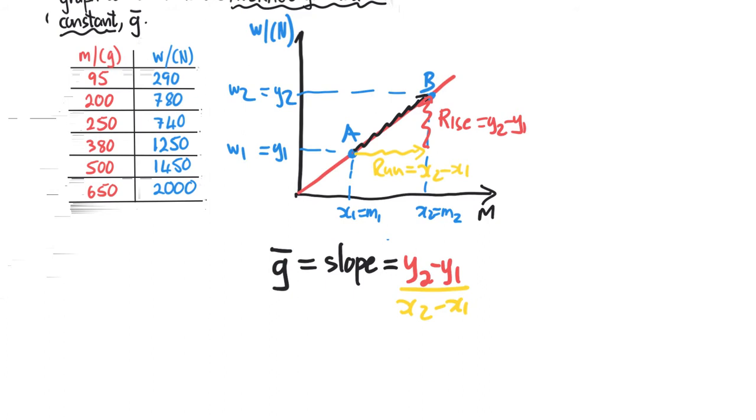All right, now we learned that in order to get the average gradient, the weight would need to be in newtons, and the mass would need to be in kilograms, because the average gravitational constant is measured in newtons per kilogram.